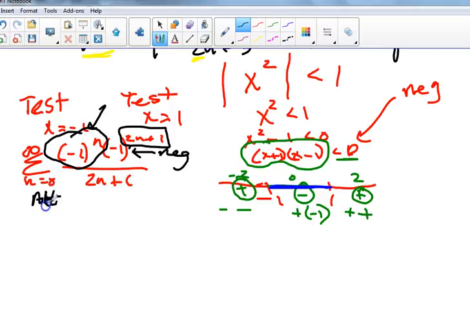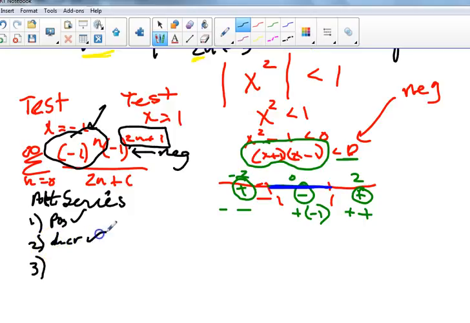Oh, it's so ugly. Oh my goodness, series. And we got to make sure that the conditions that are required for alternating series apply, and then we can consider this a convergent part, this the -1. So here we go. Is it positive without the -1? Yes. Is it decreasing? Yes. Is the limit 0? So 1 over 2n plus 1.